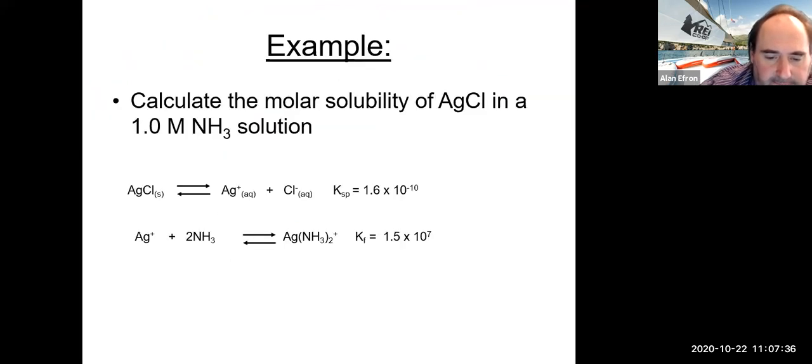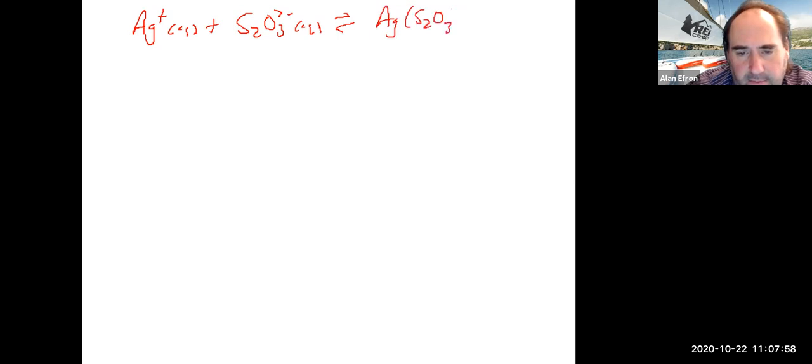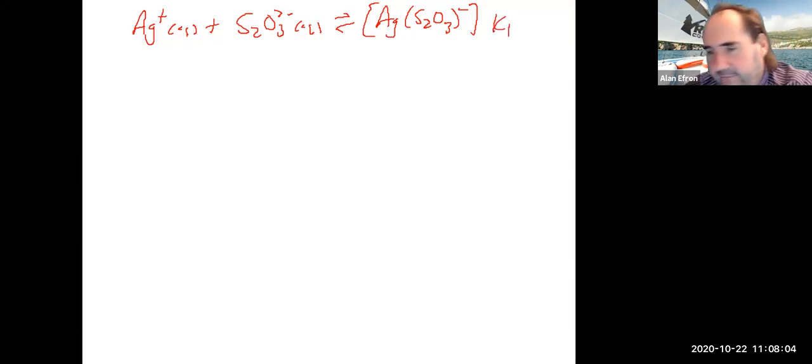Taking the K1 reaction, that is silver plus our S2O3 2 minus, giving us silver S2O3 minus, and our K1, which is 7.4 to the 8.